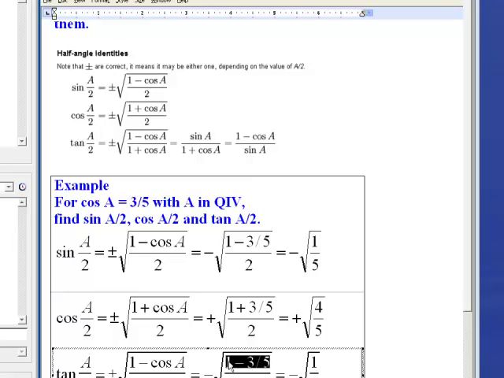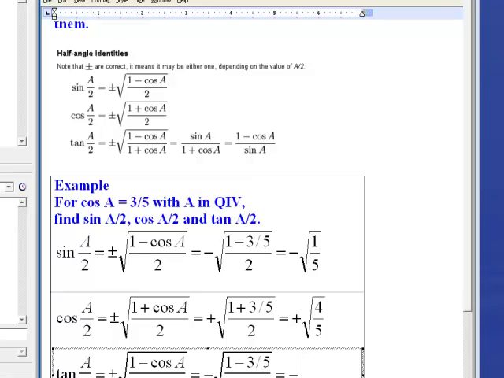So we have 1 minus 3/5 divided by 1 plus 3/5. So we're going to come up with 2/5 divided by 8/5, which is going to be 2 over 8, or 1/4. Take the square root of that, and we come up with 1/2 simply.